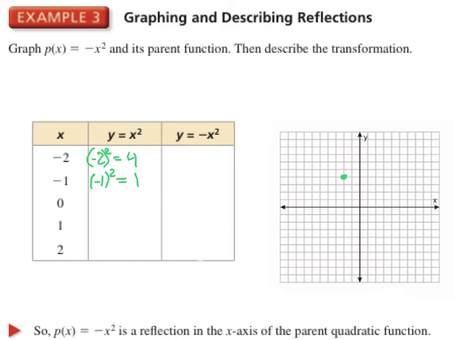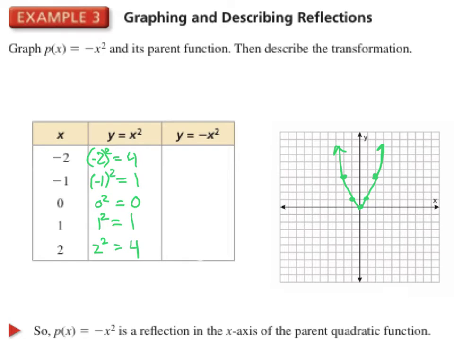So we go to the left 1 and up 1. Next we have 0 squared, which is 0. 1 squared, which is 1, and 2 squared, which is 4. So we're going to go right 2 and up 4. So our graph of our parent function is going to be this parabola here.